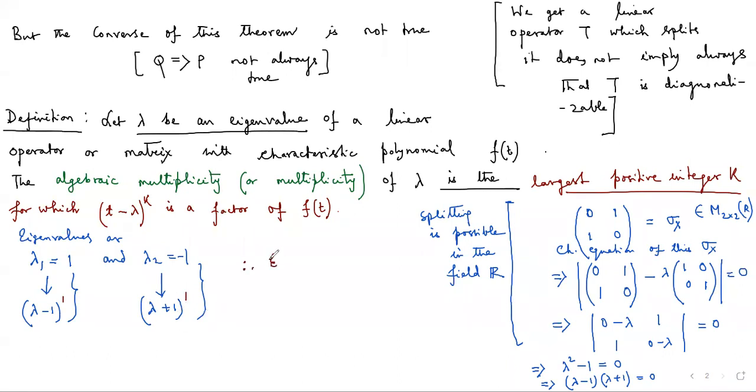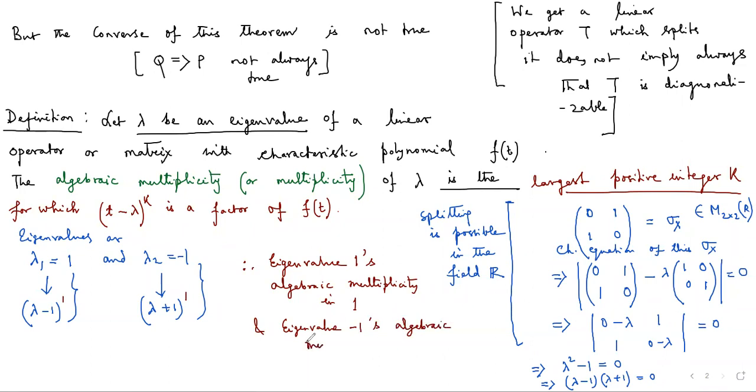Therefore, by the definition, eigenvalue 1's algebraic multiplicity is 1, and eigenvalue minus 1's algebraic multiplicity is 1.